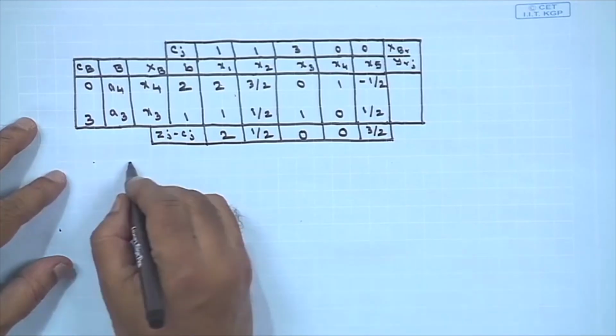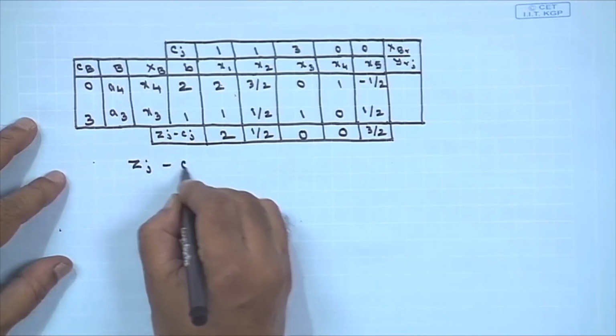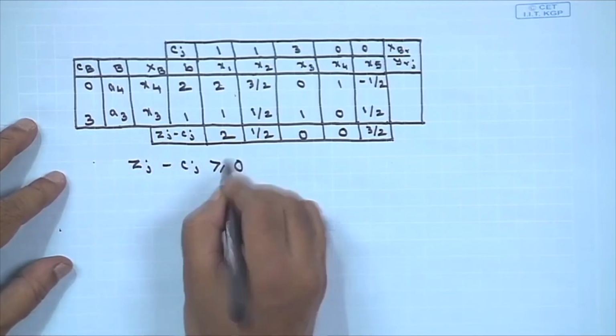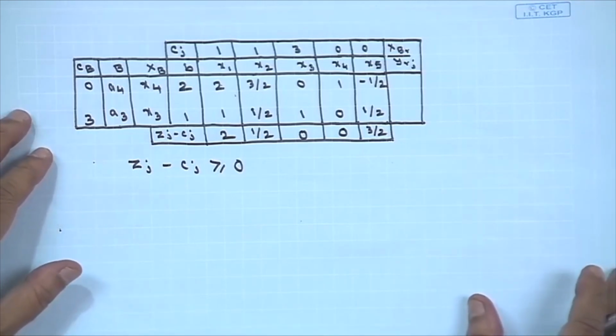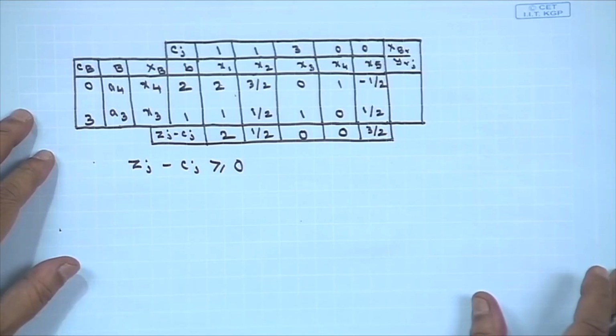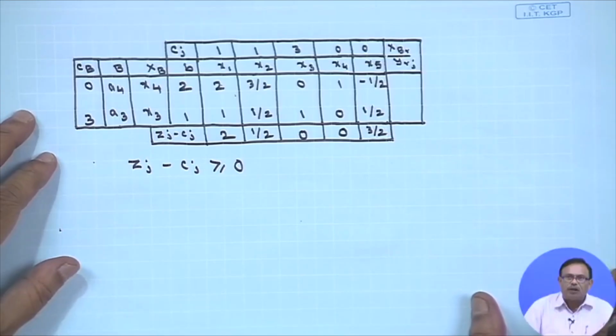So, once I am getting this, I am finding that Zj minus Cj is greater than or equal to 0. So, optimum solution has been achieved. Since Zj minus Cj is greater than or equal to 0 for all j, the optimum value has been achieved and I do not have to go for further iterations. So, what is the optimum solution now?